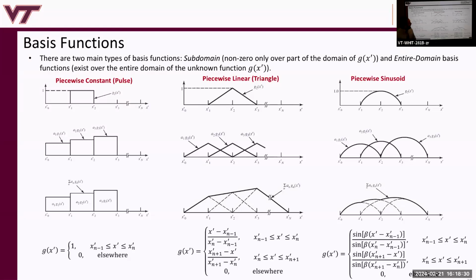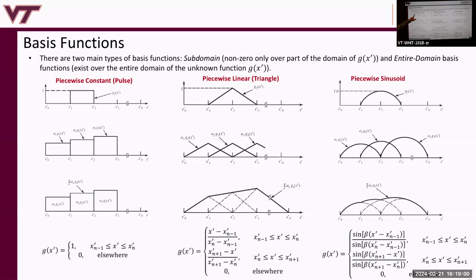If you have entire domain basis functions over the domain minus w over 2 to w over 2, you might use sinusoidal or trigonometric basis functions, like a Fourier series: a constant, half a sinusoid, a full sinusoid, 3/2 of a sinusoid, and so forth, each with its own amplitude that scales it. In that case, you still need as many equations as you have basis functions. You need to make the system square.